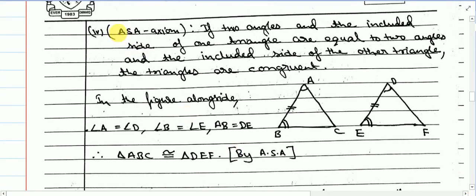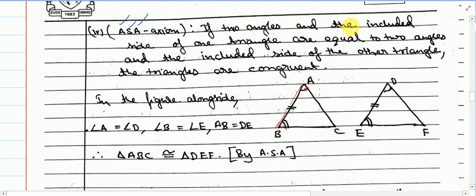Next is angle side angle. If two angles and the included side, like these two angles are there, and we are talking about the same side which contains both the angles, included.